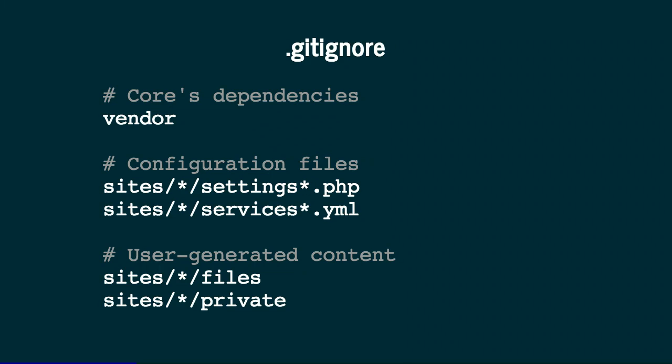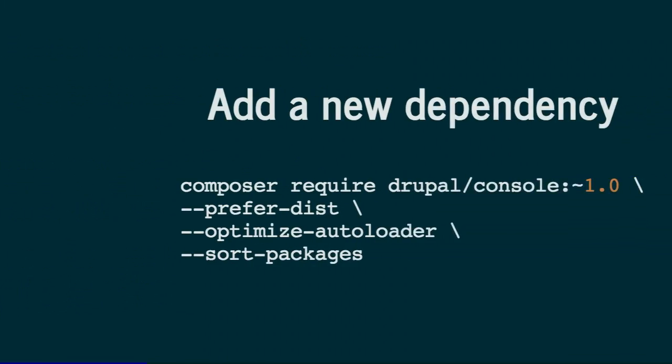So if you have any default or any multi-site here, any file within that directory will be ignored. Same as private files, and the settings.php and services.yml, because those files could contain information you don't want to put in your repo and push upstream to GitHub or any other place.